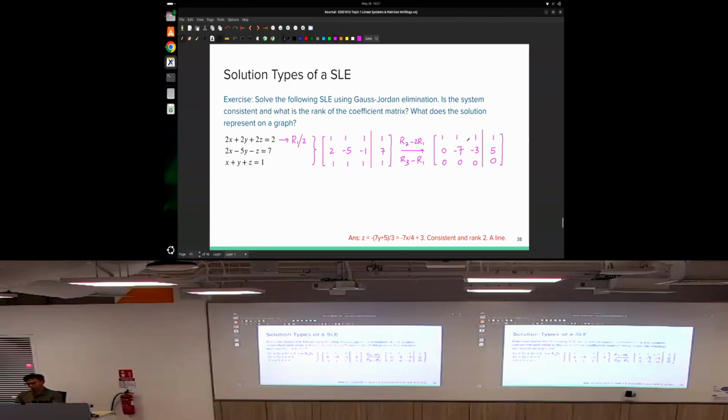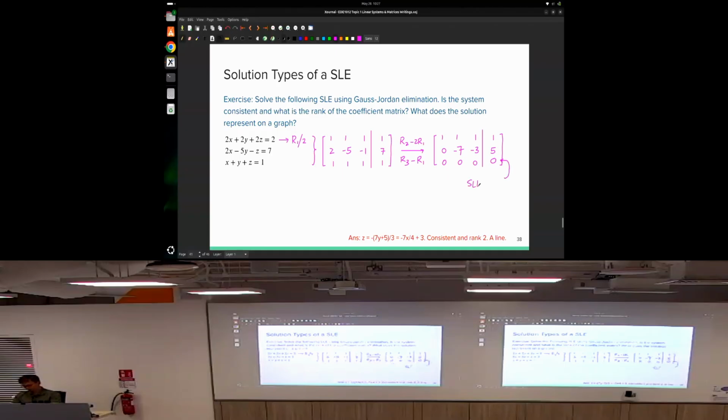We can do our back substitution. And you can see that because you have one last row of all zeros, this is telling you that the SLE is not linearly independent. Okay? So let me write.